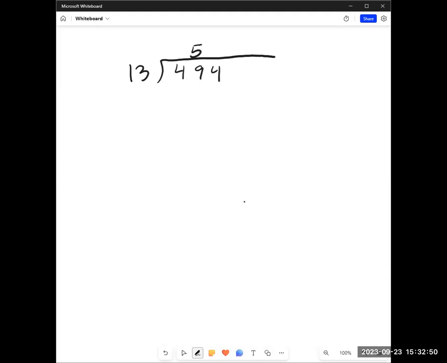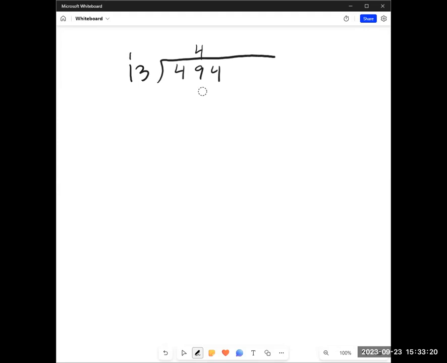So 5 times 3 is 15. 5 times 1 is 5, plus 1 is 6, and 65 is too big. So I'm going to try a smaller number like 4. 4 times 3 is 12. 4 times 1 is 4, plus 1 is 5.